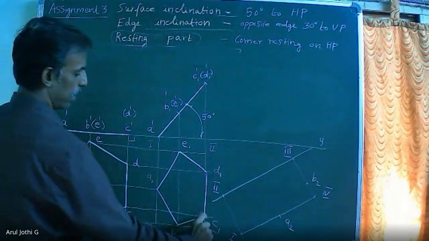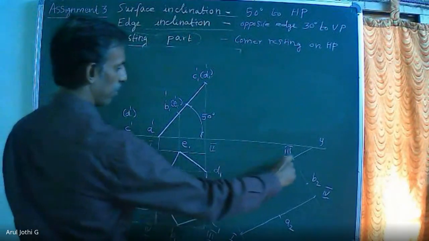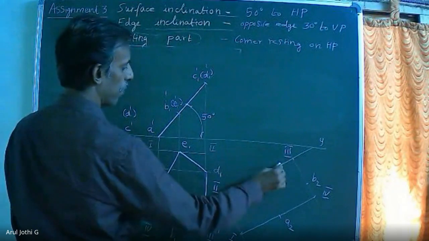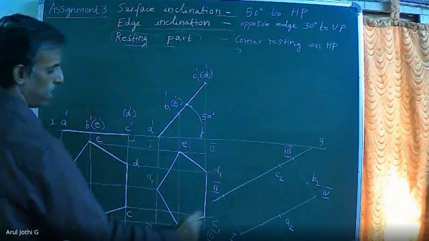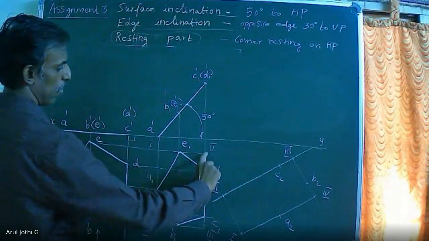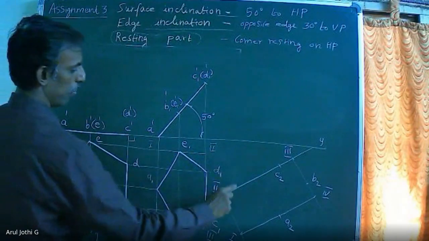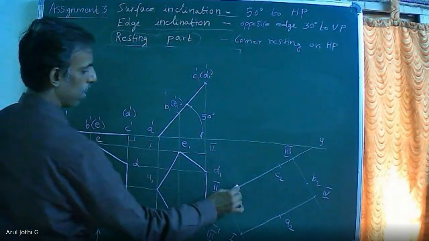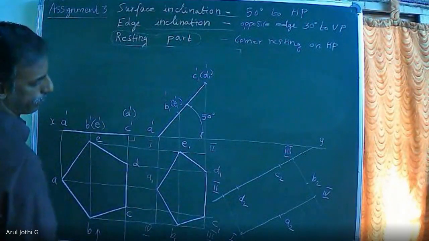Then 3C, transfer on 3, 2. 3C, have to transfer on 3, 2. So this will be our C2. Then 2D, transfer on 2, 3. 2 to D. Okay.